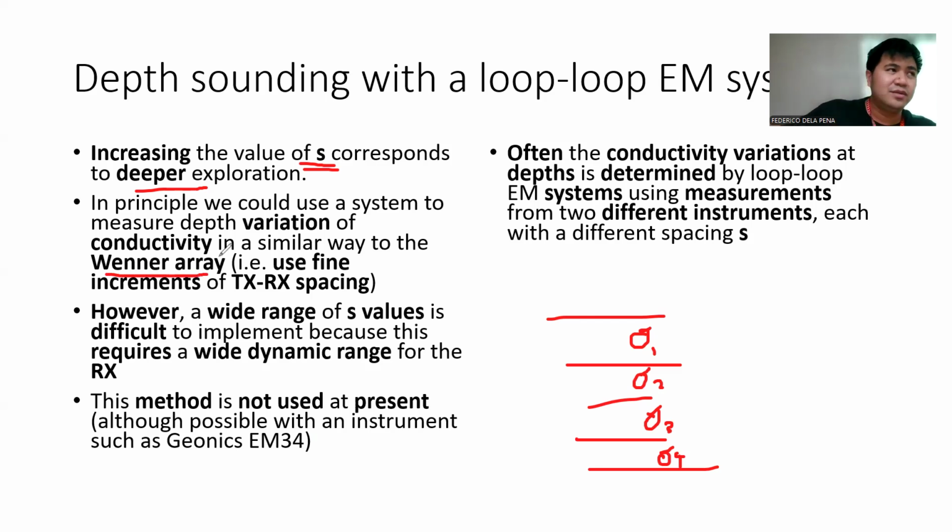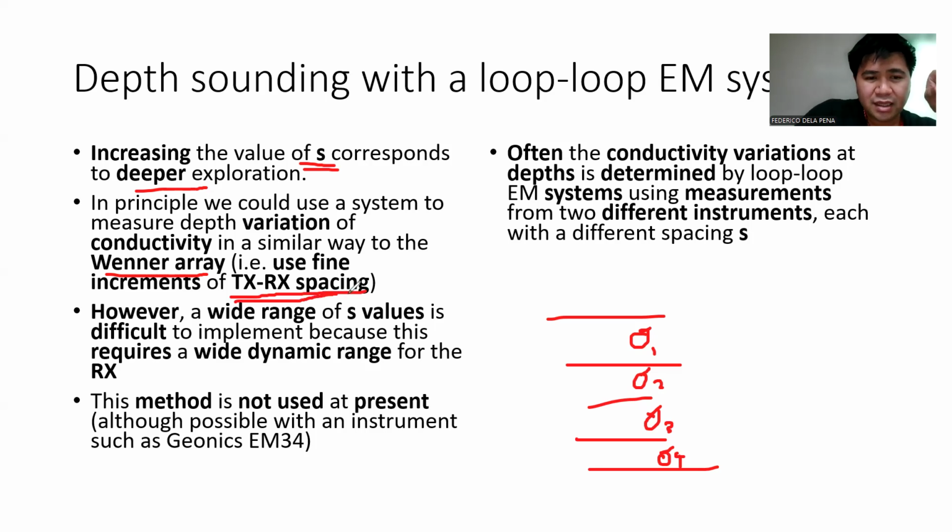You just try to change the spacings of the survey. So in resistivity, we increase the separation of the current electrodes, and we change the spacing of the potential electrodes, okay, to get a deeper penetration. So in theory, we can also do that in EM.